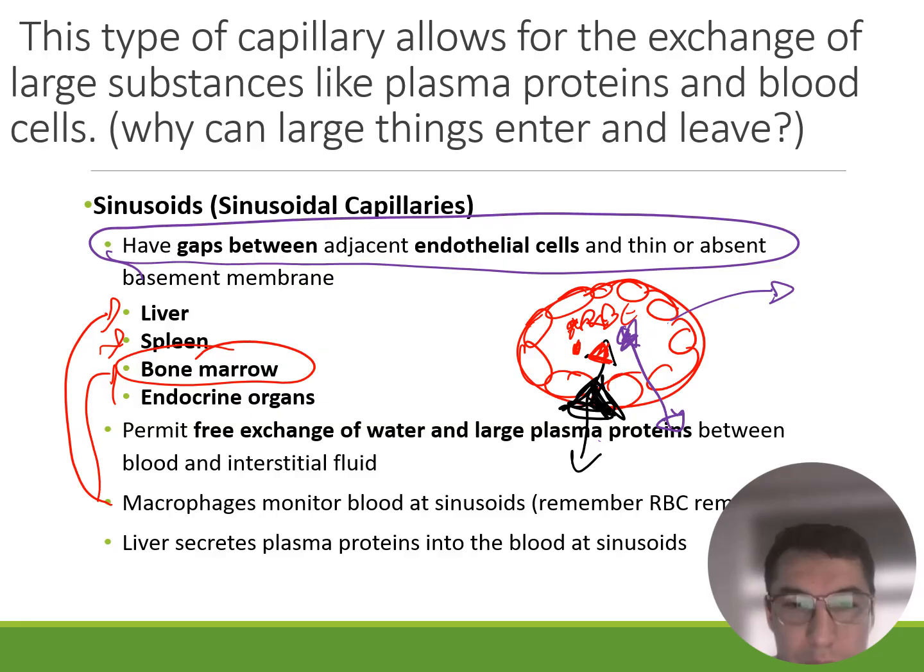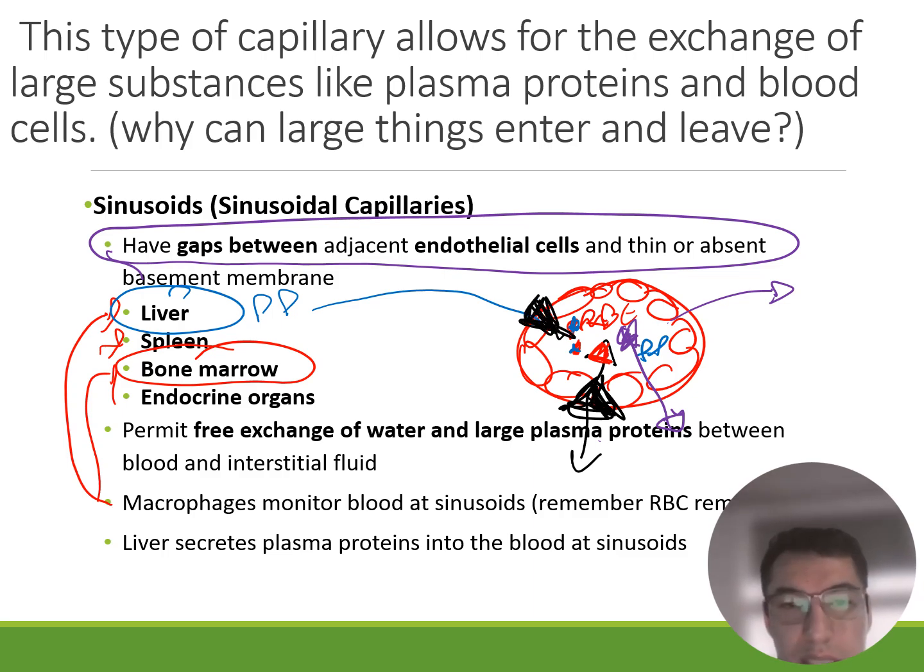Another type of molecule that you should keep in mind here that is entering systemic circulation is plasma proteins. The liver is producing plasma proteins and it is allowing them to enter through one of these big gaps right here. It's like a huge hole. Endocrine organs also have hormones that need to dump in there. Okay.